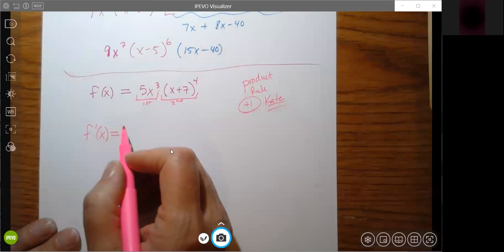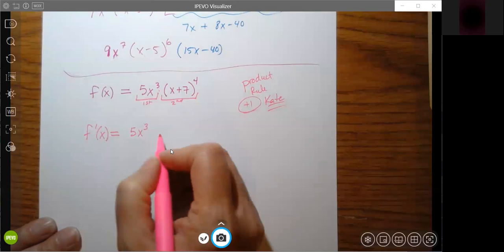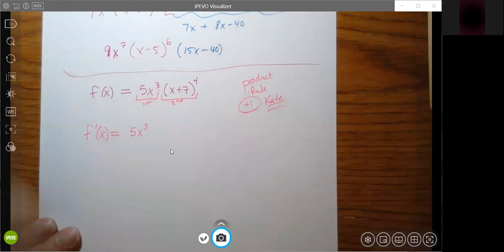Okay. So first, which is 5x cubed, and then derivative of second. Wait, how do you do that again? I thought that would be chain rule.